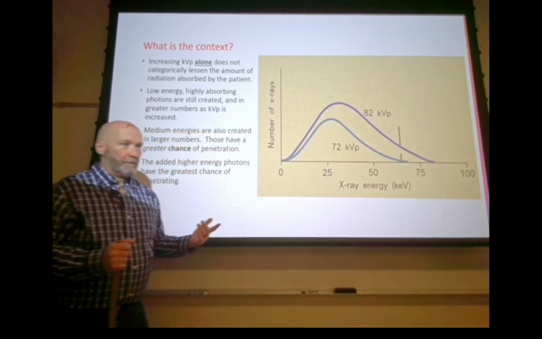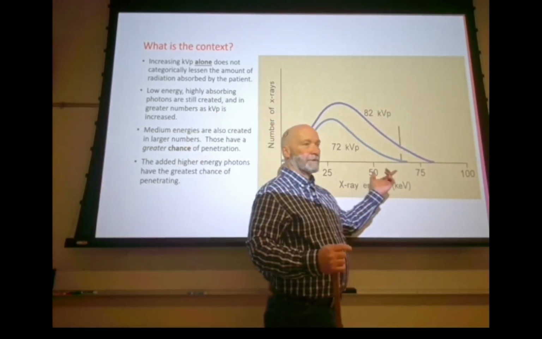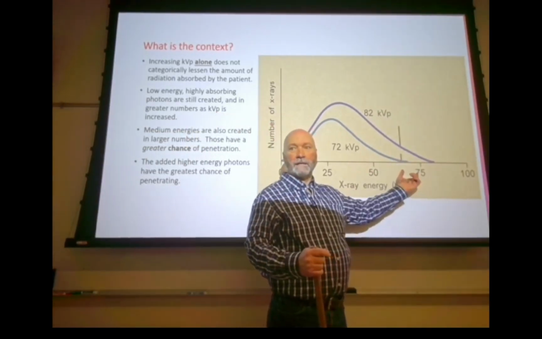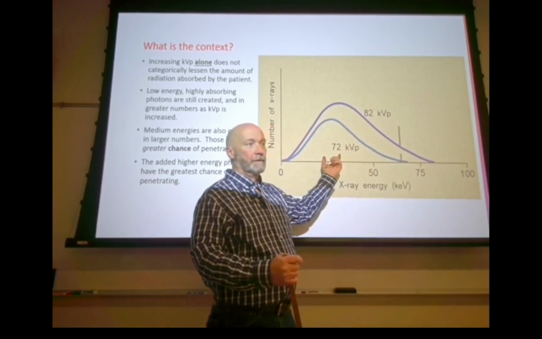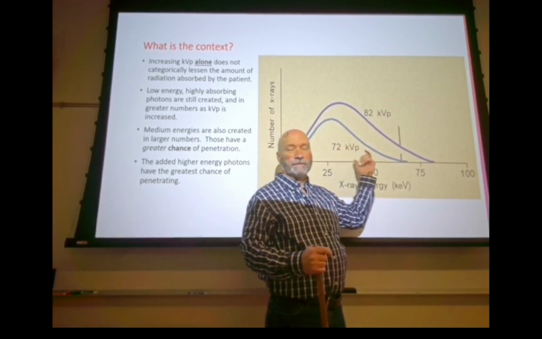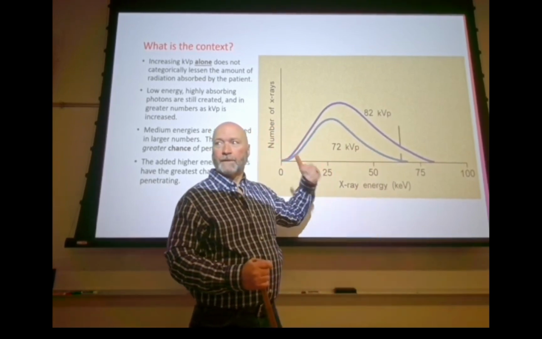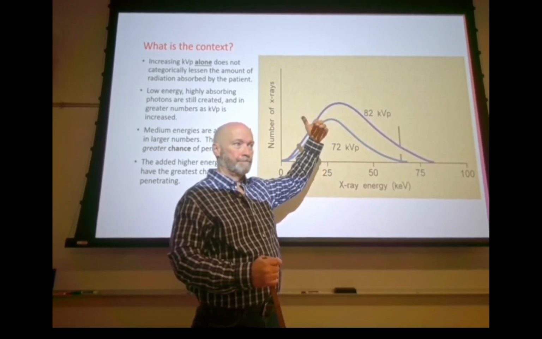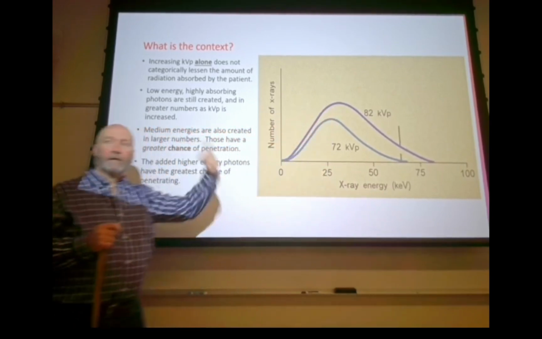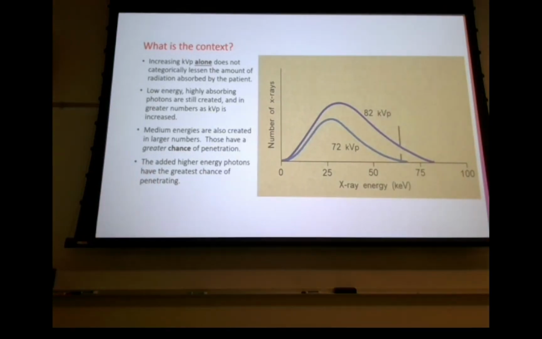So as we increase kVp, did interaction go down? Yeah, in context. Did interaction go up? Also, yeah, in context. Did radiation dose go down? In this scenario, no, because we just increased kVp. Just an increase in kVp means an increase in patient dose and radiation exposure.